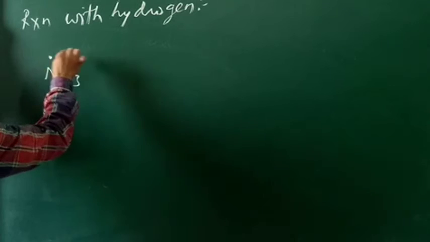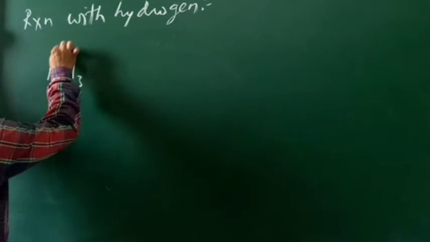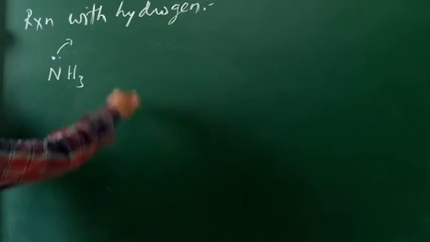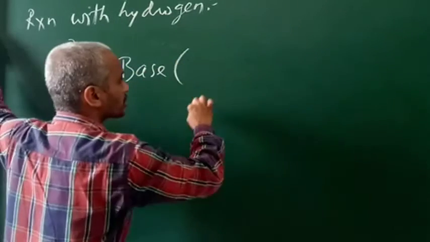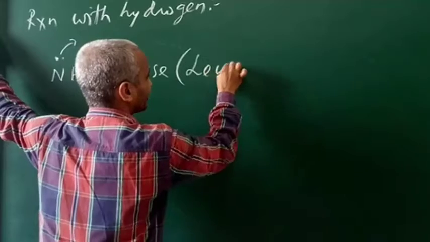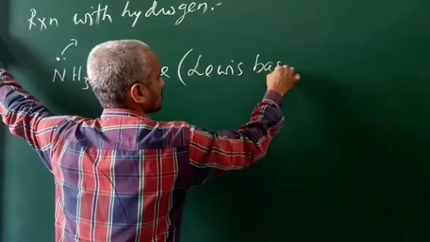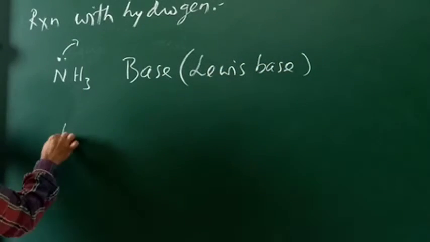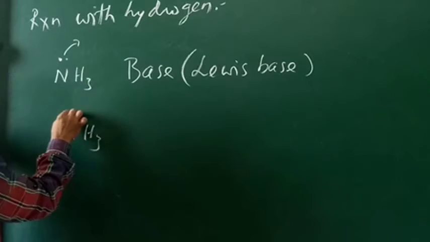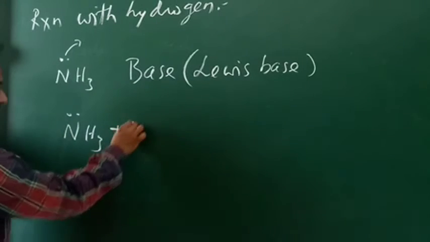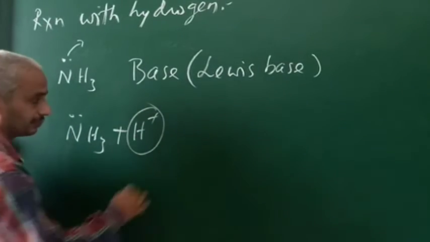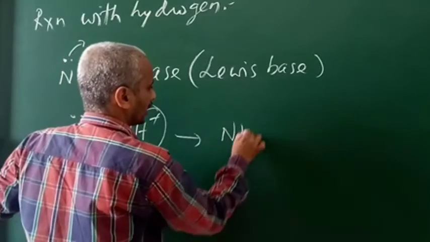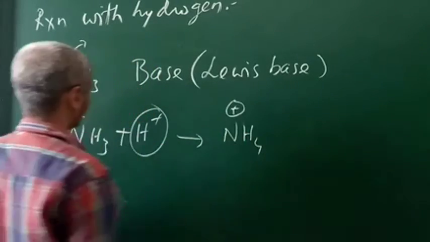NH3 has a lone pair of electrons on nitrogen which can be donated. So it is a base. Which base? Lewis base. NH3 has a lone pair of electrons and it can take the H plus ion, which is considered a proton, giving NH4 plus.